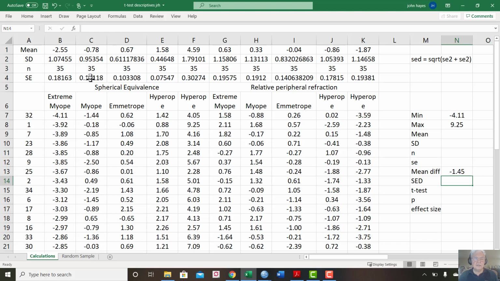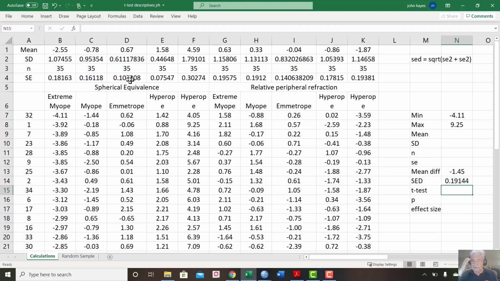The SED equals the square root of the standard error for myopes squared. To raise to a power, use a little caret sign, it's right above the 6. Then plus the standard error for emmetropes, squared, raised to 2, close quote.